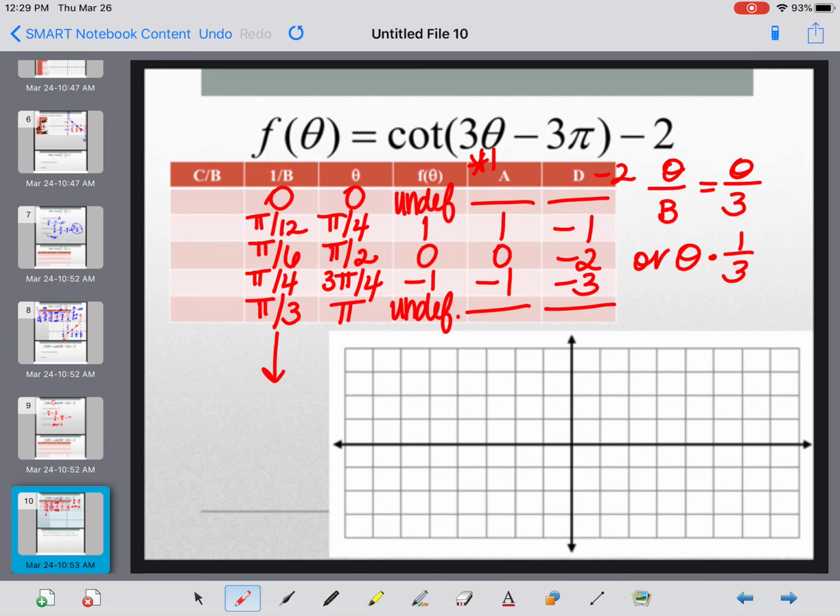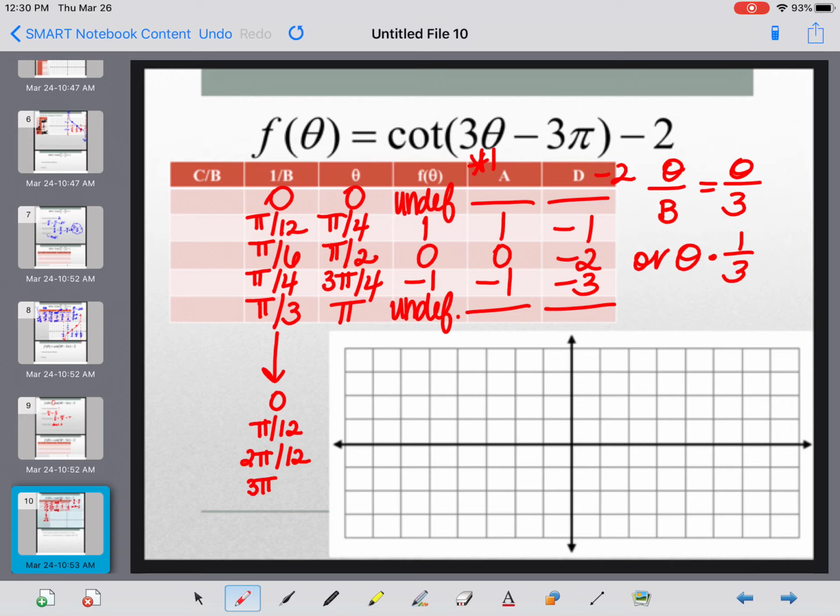Now it might be a good idea to make a common denominator out of all of those, so that I can have a nice consistent scale when I graph. So 0 and pi over 12 I'm going to keep. 12 looks like it's going to be the common denominator.